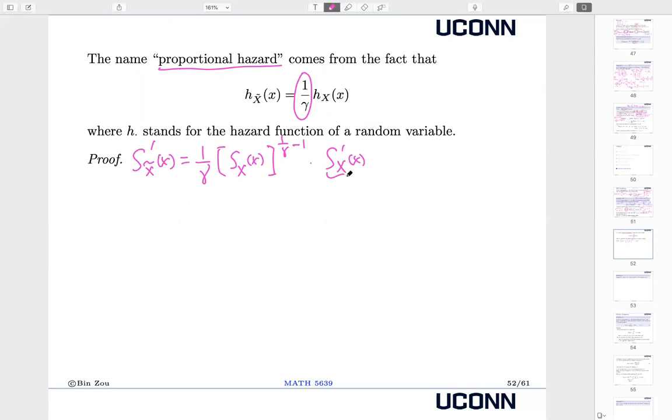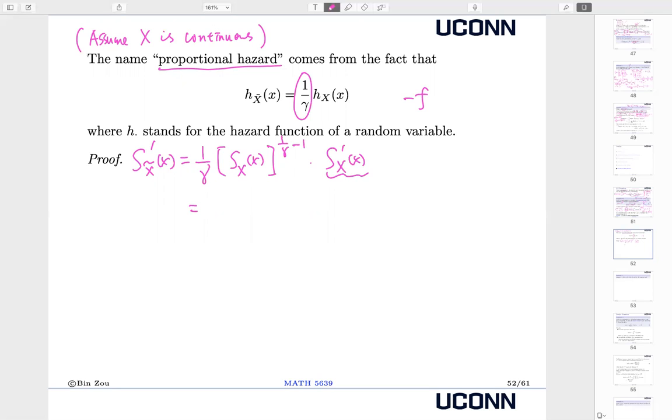So we know this is the negative of the PDF. Of course, here for simplicity, I assume x is a continuous random variable, so I have a density.